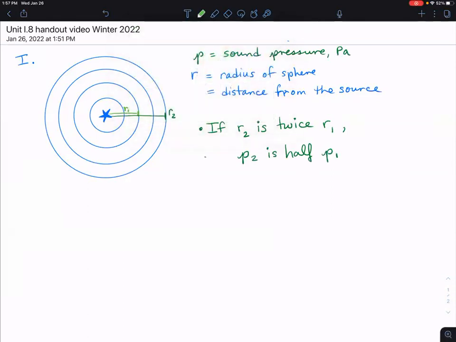Okay, now let's go the other way. If R1 is half of R2, then the pressure at point 1 is twice the pressure at point 2. Okay, those are saying the same thing, just in different ways, in case that is helpful.